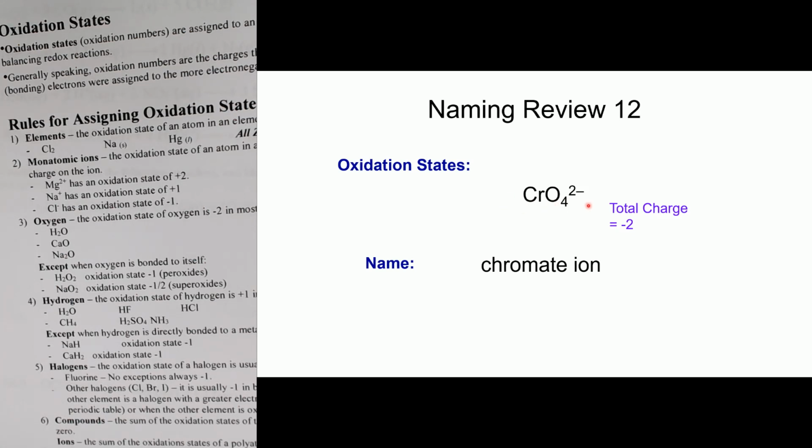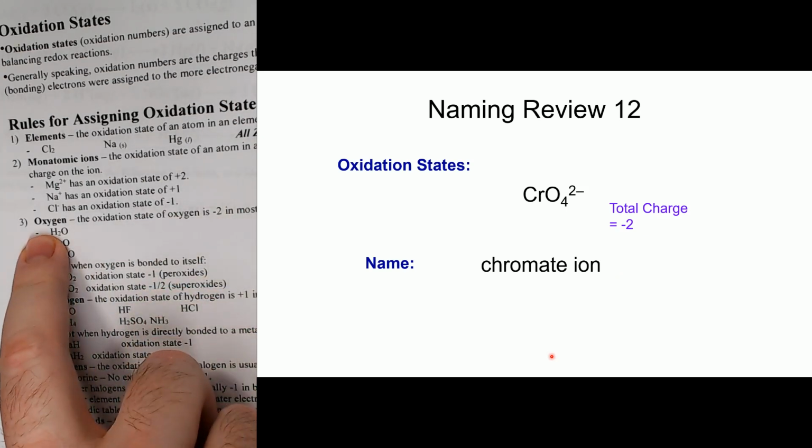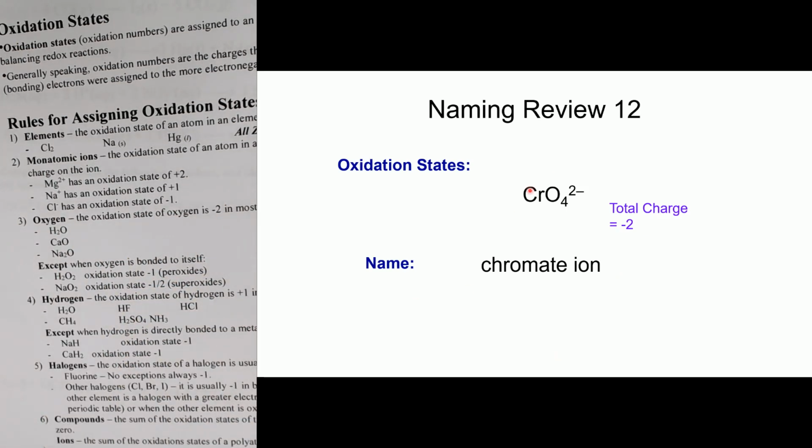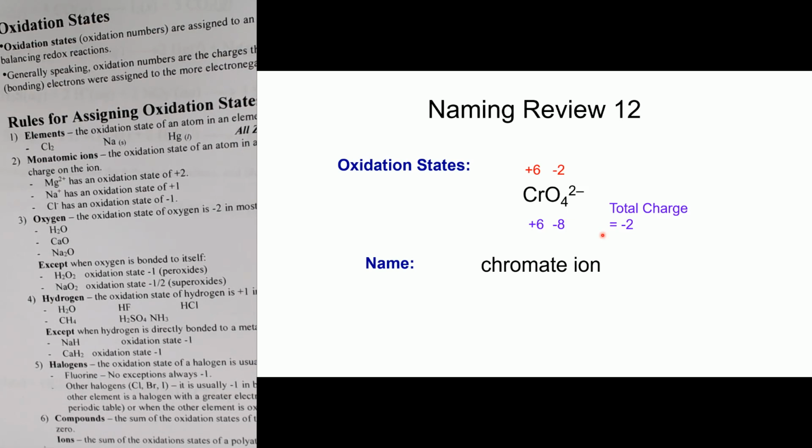It's just chromate ion. So we'll go to the next rule, which is oxygen. Oxygen is -2. -2 times 4 is -8. So -8 plus some number gives us -2. Clearly that some number has to be +6. So +6 divided by 1 is +6. So the oxidation state of chromium in chromate is +6.